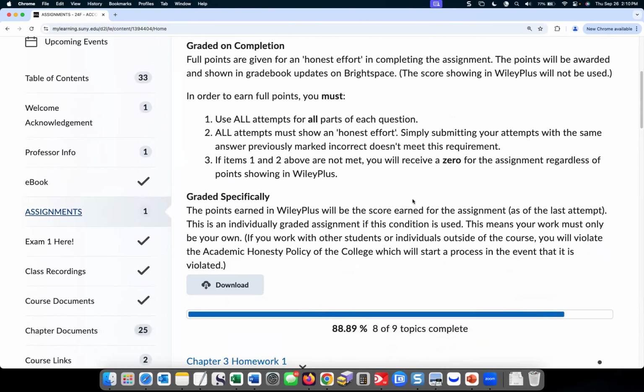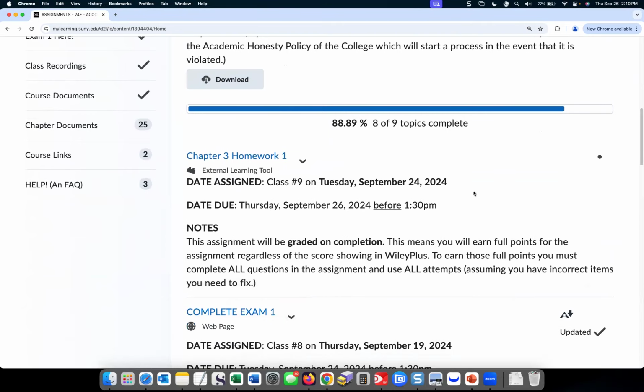All right, so when I click into assignments, the exam 1 is already over and done with. So where we are now, we've got our chapter 3 homework. We'll go over a couple quick things about the exam. I've started a review of that, and I've been working it into my offline Excel gradebook. My hope was to have the gradebook updated before class today. I told you on Tuesday that's what I was going to do.